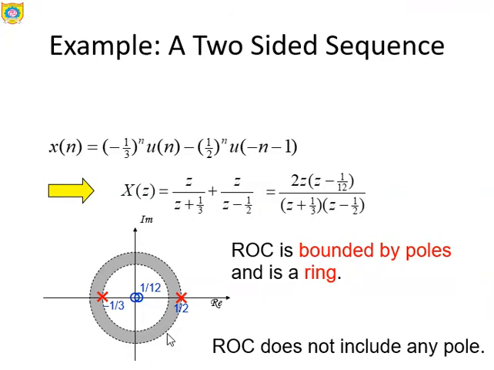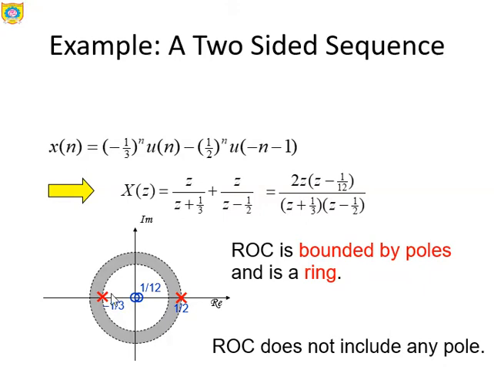Similarly, if we go on finding the ROC for the mixed sequences where the sum of two right-sided sequences is done, then the ROC will depend on the same kind of situation, where we will get the ROC in terms of the outer region of the circle only.